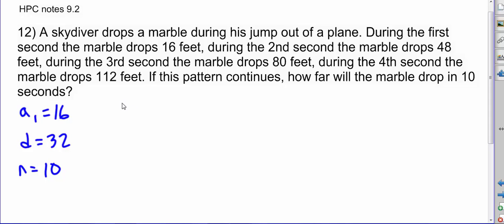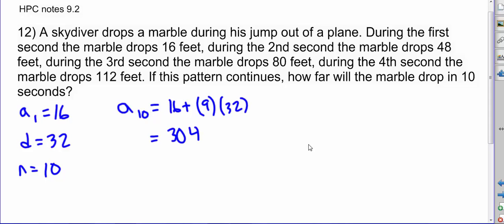Now again, before we can use our sum formula, I need to find the last term. So a sub 10 is 16 plus 10 minus 1 times our common difference of 32. So in the 10th second, that marble was dropping a football field and then 4 feet, 304 feet. So here we go.